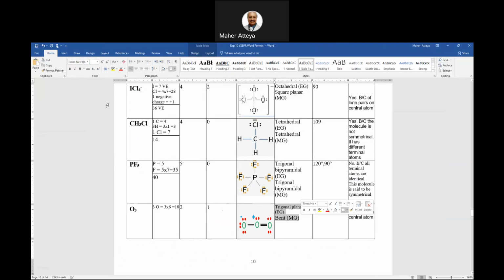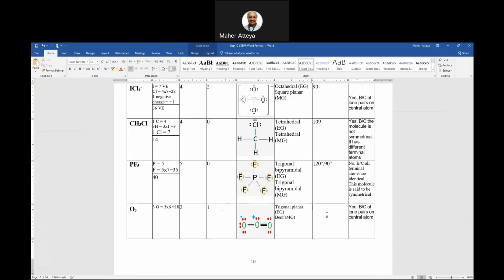Now the angle here, if you look at it, trigonal planar has what? 120, correct? But because of the presence of the lone pair, this one will be squeezed, less than 120, correct?